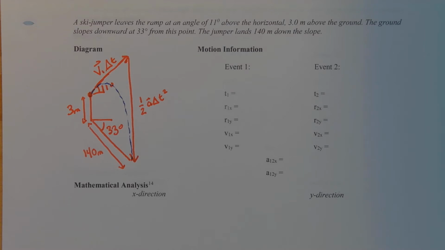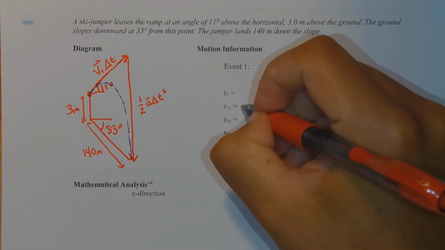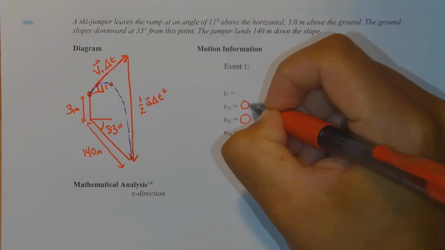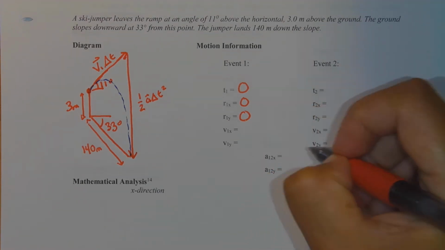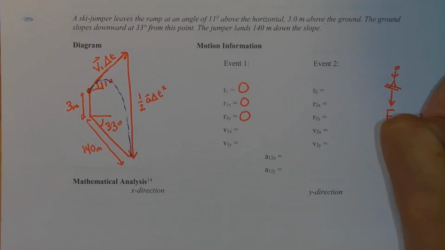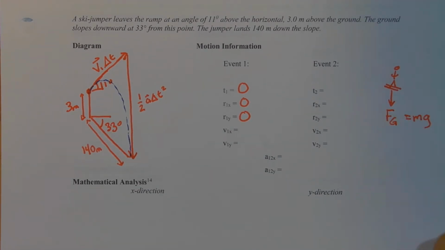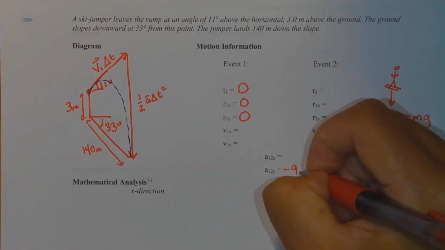Okay, now I can use this to fill out my table. Let's say the origin is where the skier starts. So r1x is equal to 0, r1y is equal to 0, t2 is equal to 0. And acceleration in the y direction, if I look at the ski jumper here, I have force of gravity acting downwards, which means acceleration is equal to negative 9.8 if upwards is positive.